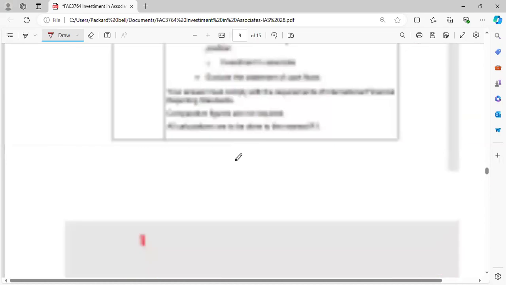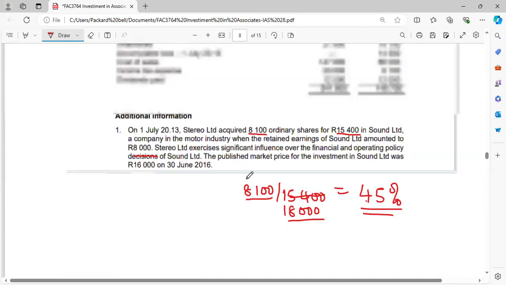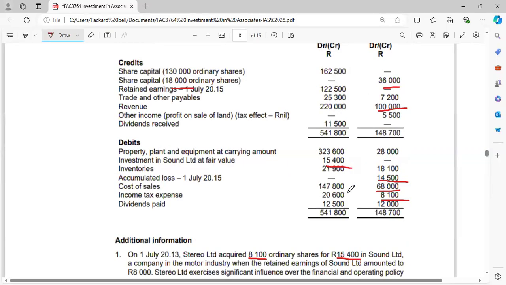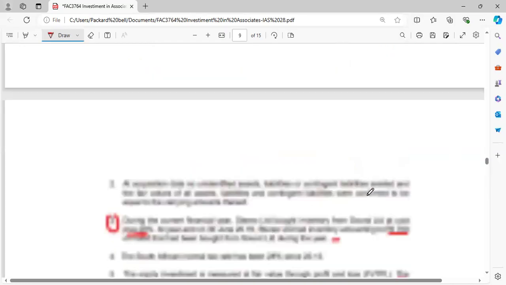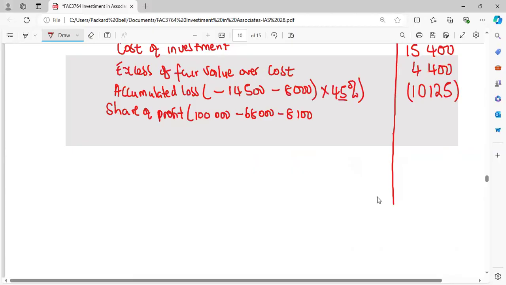Do we have other incomes? If there is any other incomes there, we can take the other incomes. Plus other incomes of 5,500, times, don't forget the percent, 45%.